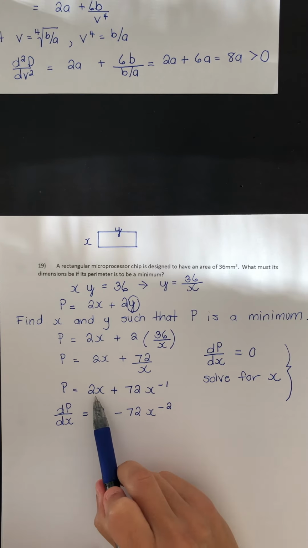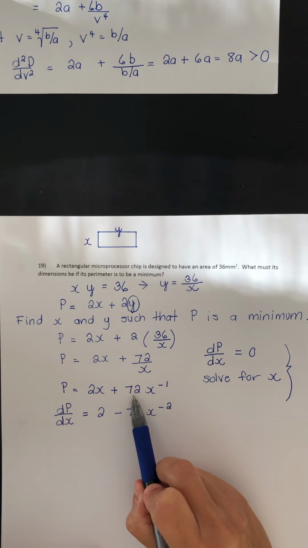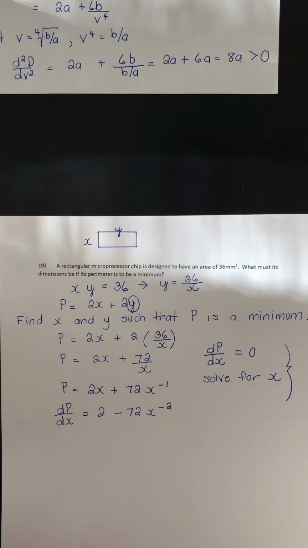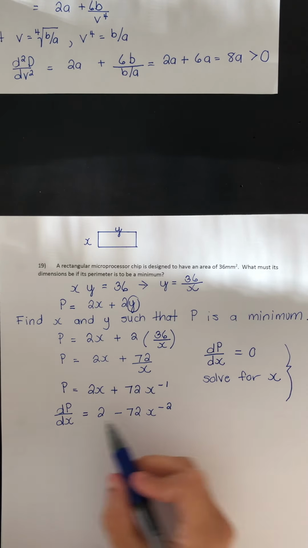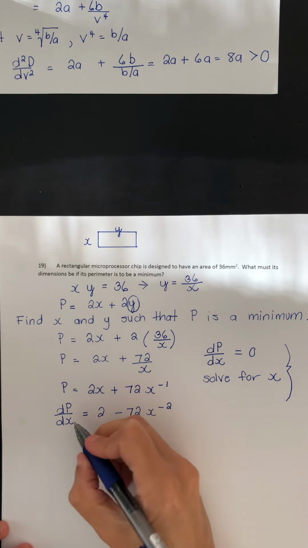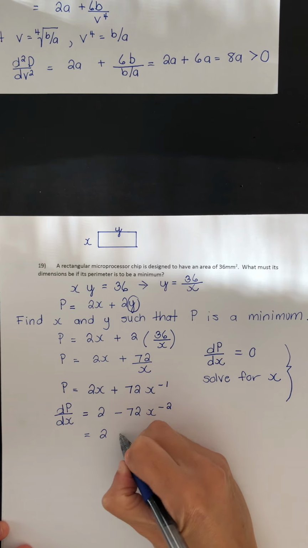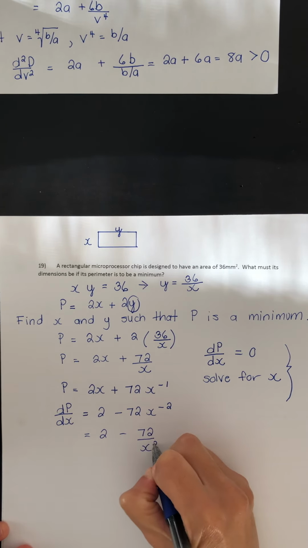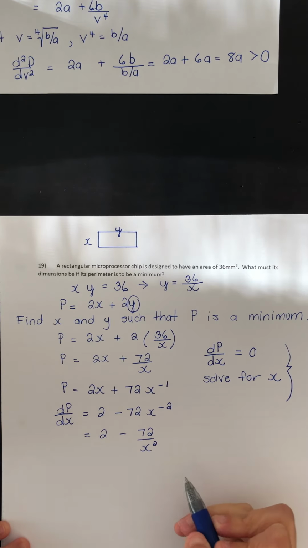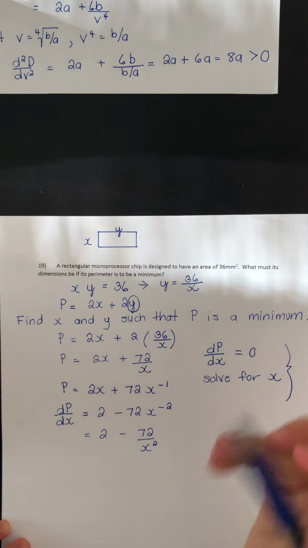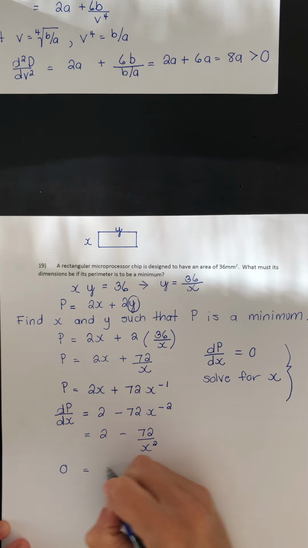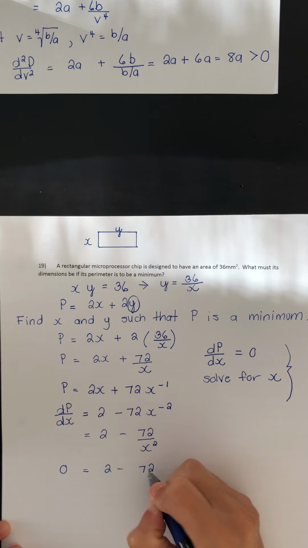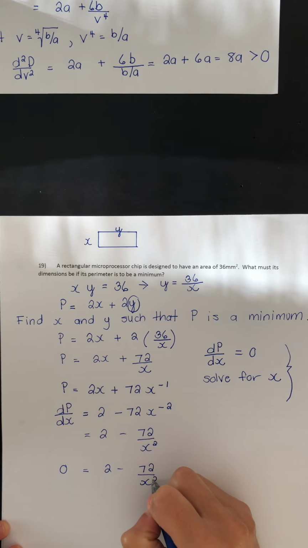So 2 times 1 plus 72 times negative 1x to the negative 2. So we have this as our correct derivative. What do we do with it? We set it equal to 0 in an attempt to solve for x.